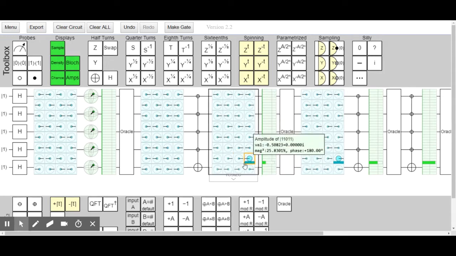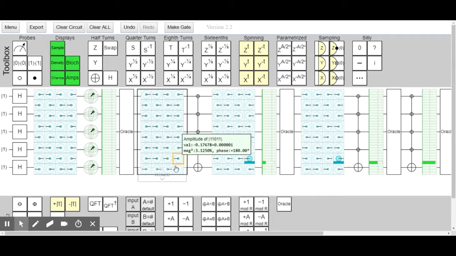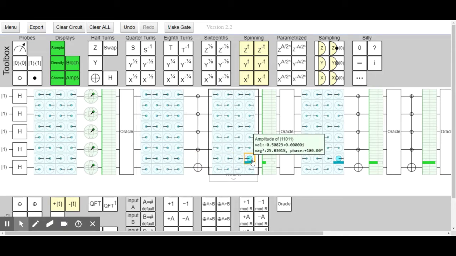That's difficult because it seems like you're paying the price of not flipping back the phase for just getting more amplitude.